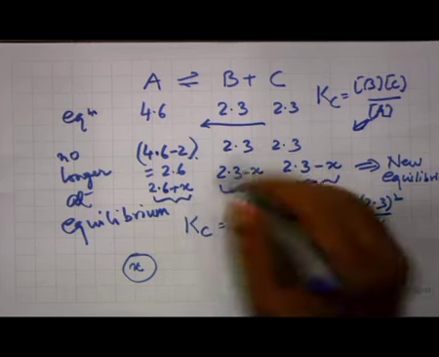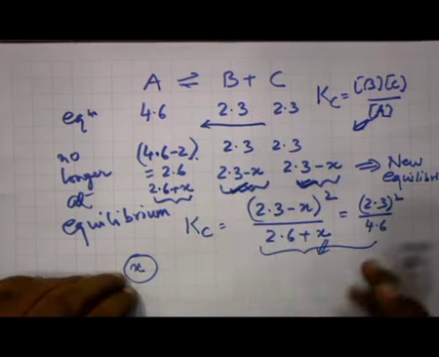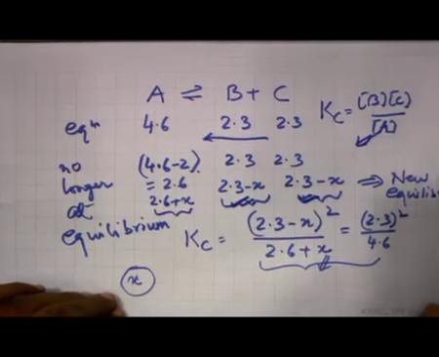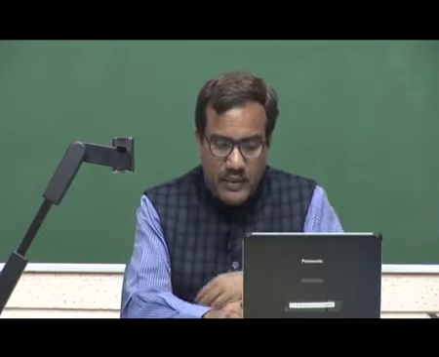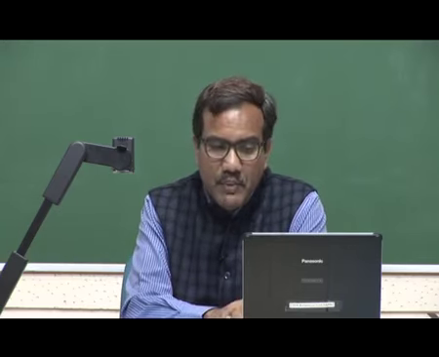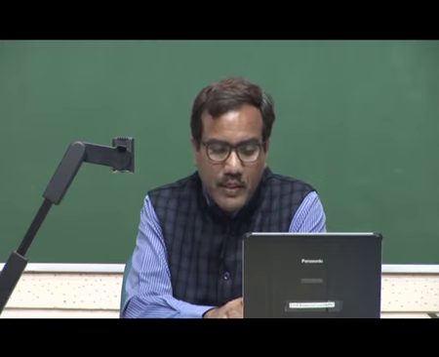So, you can simply write 2.6 plus x, 2.3 minus x, 2.3 minus x, and so Kc can be calculated. Okay. So, this is about the problem which can be solved using concepts from the equilibrium constant.